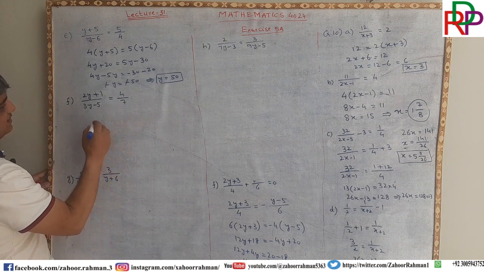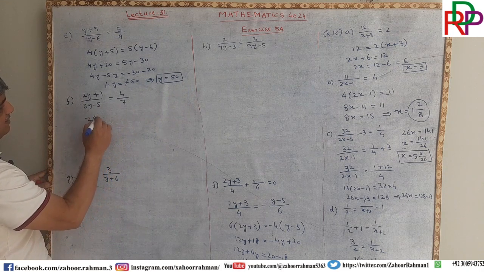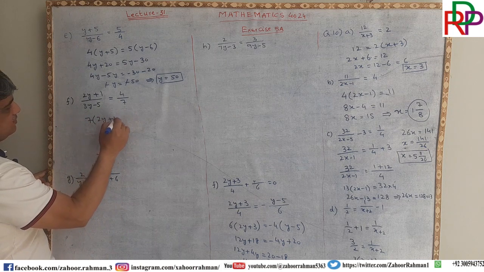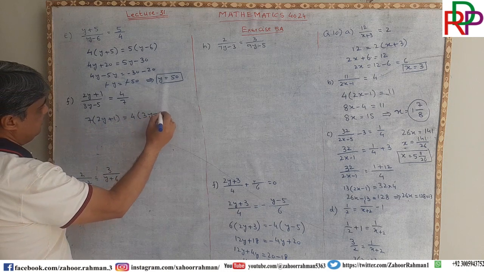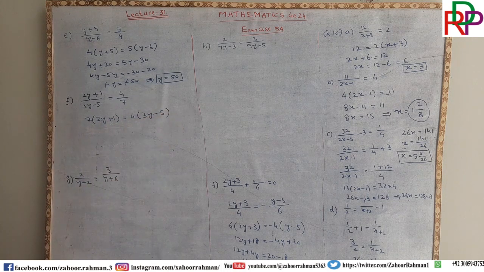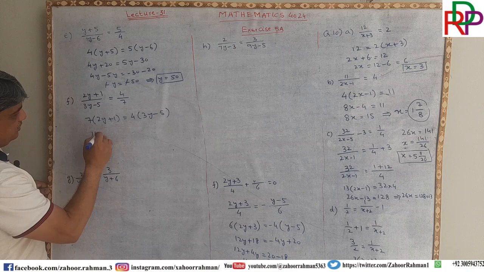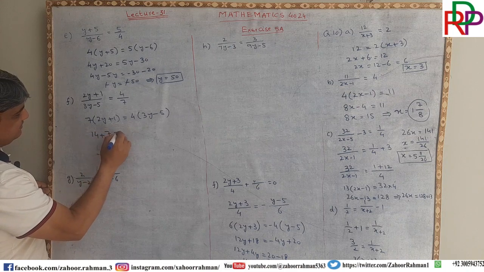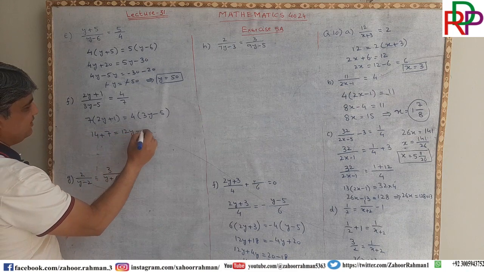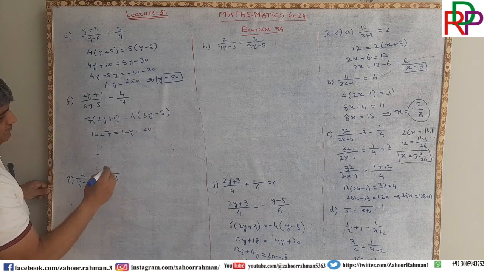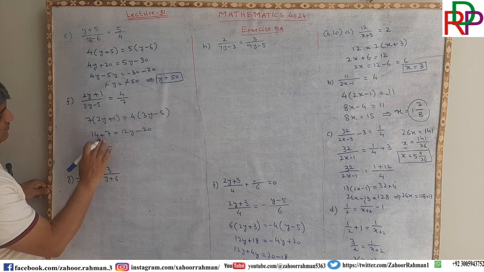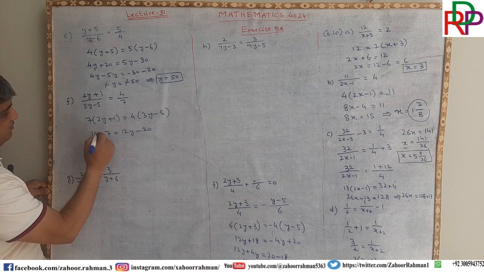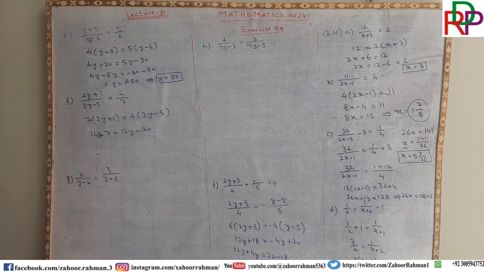Again, cross multiplication. So 7 into 2y plus 1 is equal to 4 into 3y minus 5. 7 twos are 14y plus 7 is equal to 12y minus 20. So this is 14y. This is 14y plus 7, 12y.